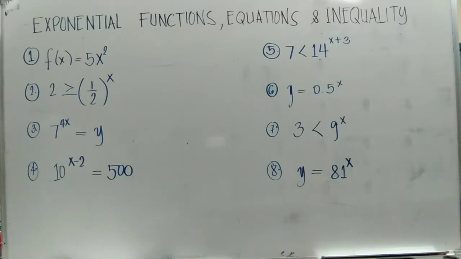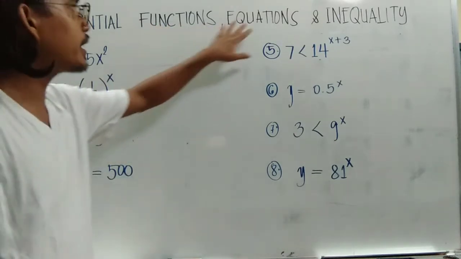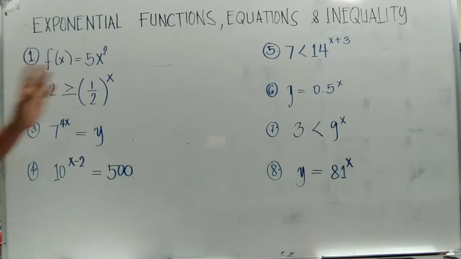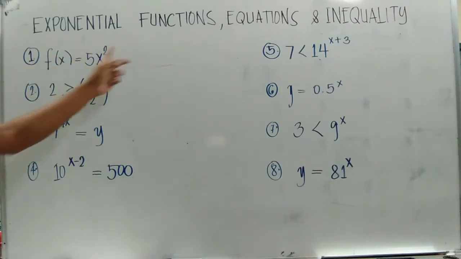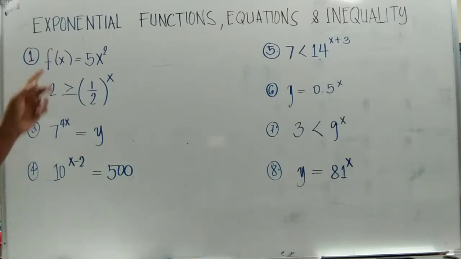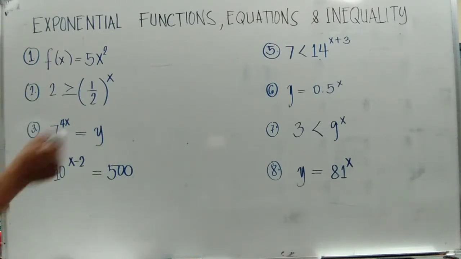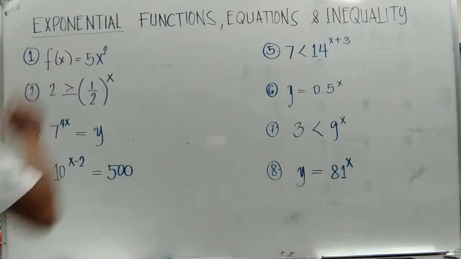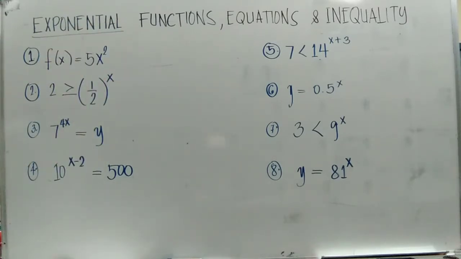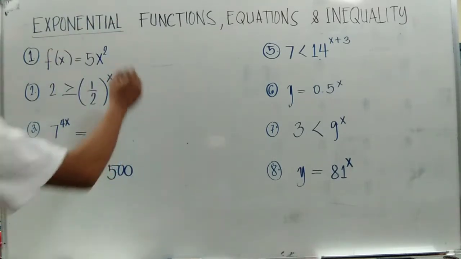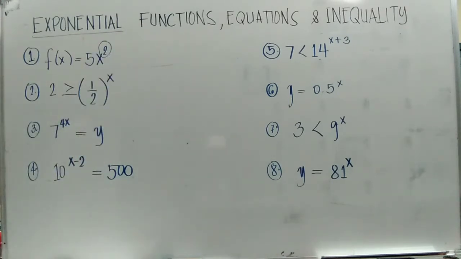When it is equal, it's either a function or equation. Then let us check both sides of your equal symbol. We have f of x, so we can say f of x is a function, of course, but we have to remember that we are on exponential functions, equations, and inequality. So just look at the exponent. The exponent is a real number 2.